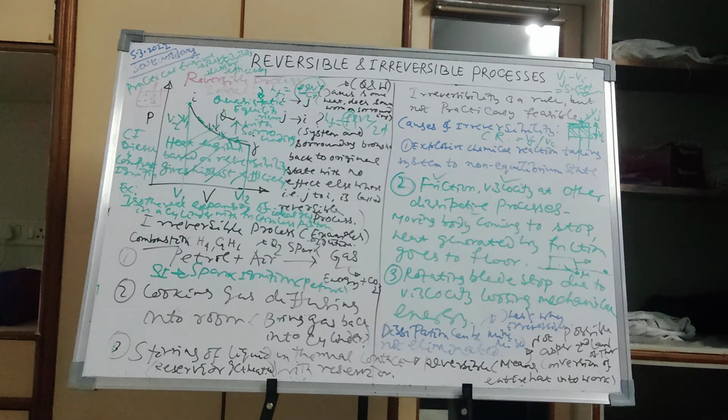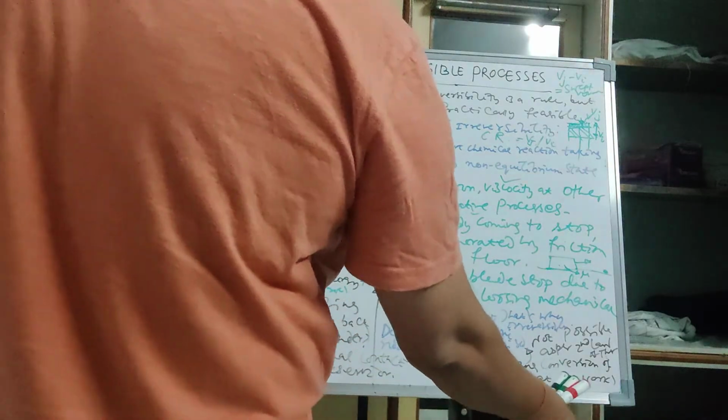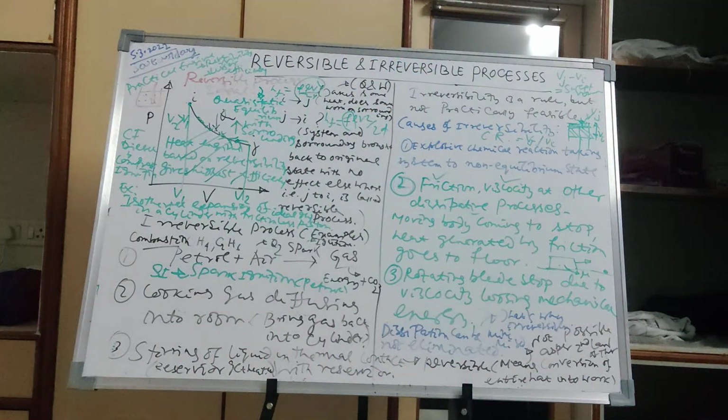It is an irreversible process, because reversing it would mean converting the entire heat into work. Suppose you want to bring this liquid back to the original temperature. That is conversion of the entire heat absorbed by the vessel into work, which is not possible because of the second law of thermodynamics.